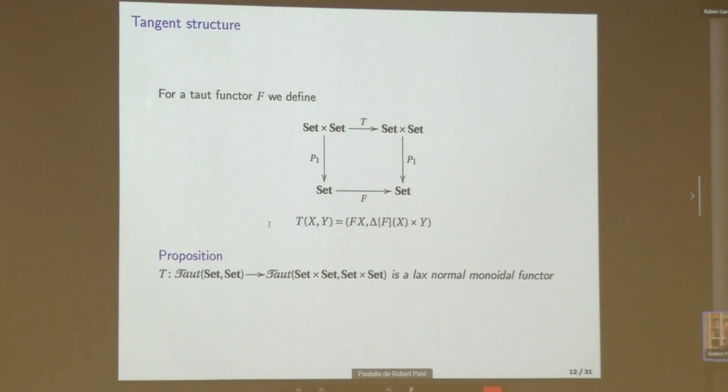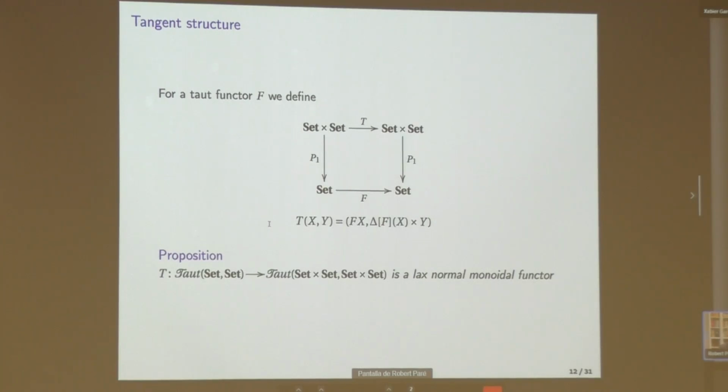And here, we can look at tangent structure. I haven't gone into this in any detail, but I define the tangent space of Set to be Set cross Set. This is just an analogy with the fact that the tangent space of the reals is the reals cross reals. It's the thing that makes this work.